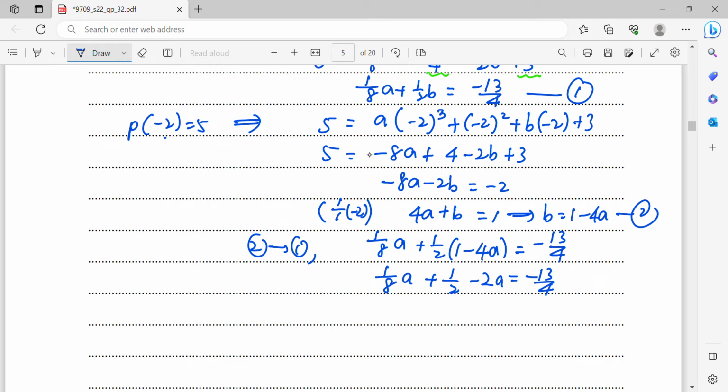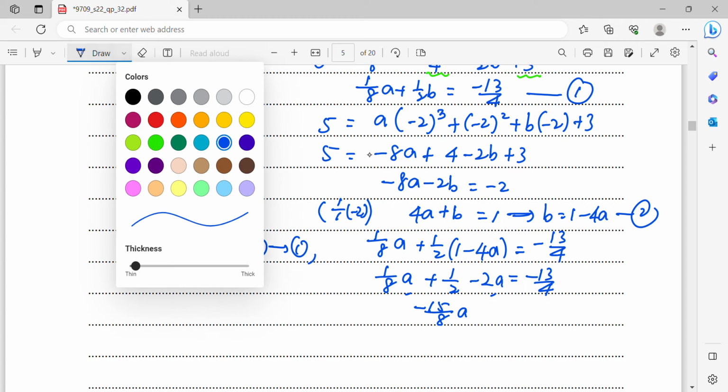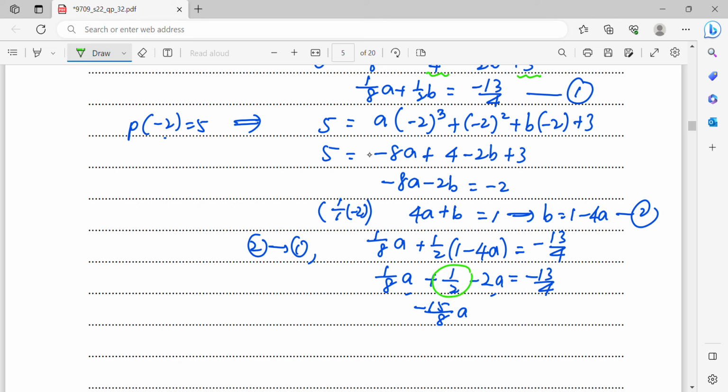So 1 over 8 a minus 2a, you will get minus 15 over 8 a. Then the half will be moved to the right hand side, so negative 13 over 4 minus half, you will get negative 15 over 4. So from here, my a is going to be 2.